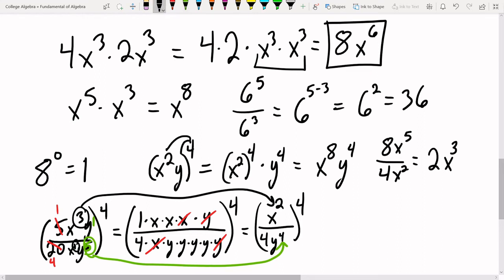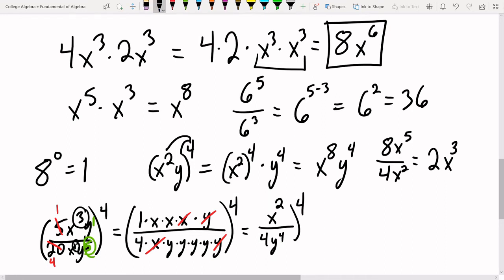I'll show you a different way of thinking about this that might be a little bit easier, but let me finish this problem the way I've been doing it, and I'll go back. Now we can distribute the 4 onto the insides. That gives us x to the 8 over 4 to the 4th power. It's important to note here that you're not multiplying the 4 by 4.